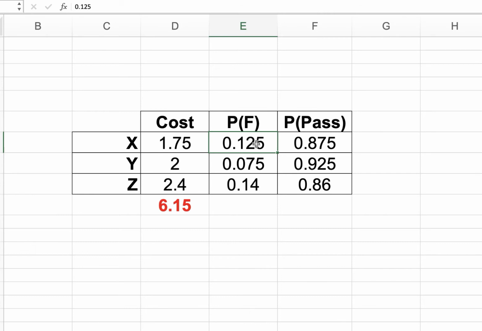We only incur additional cost if we pass. If component X passes the test, then we can go on to either Y or Z. If we attempt all 3 of the component tests, the sum of the costs is $6.15. Let's look at that on the decision tree.